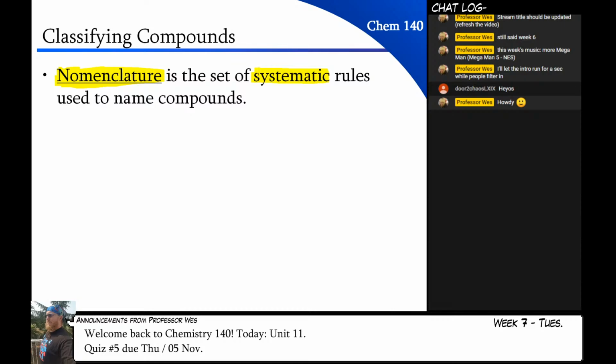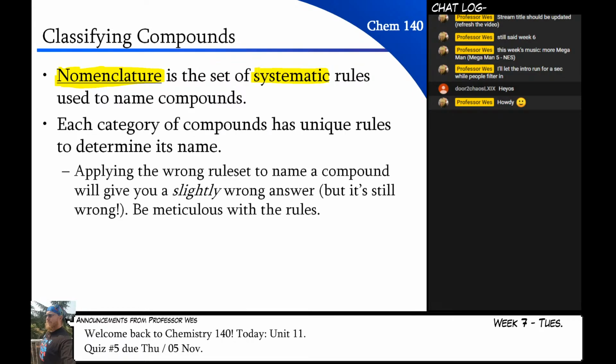And you're going to see that these rules apply in a very simple way. But common names ignore all of those rules. So we're going to skip over common names and not really talk about them, because there's too many compounds to use common names. We're going to use systematic rules. Now, each of the systems that we're going to use, in other words, each category, is going to have unique rules.